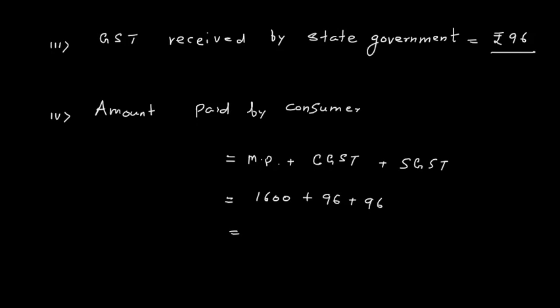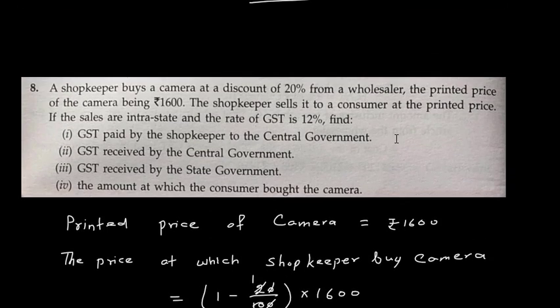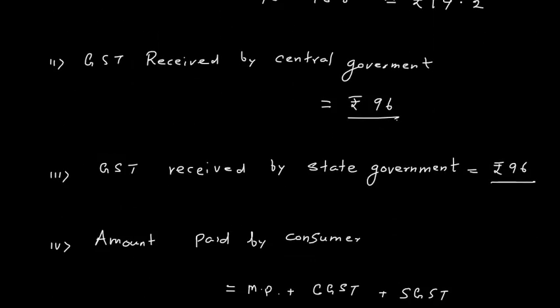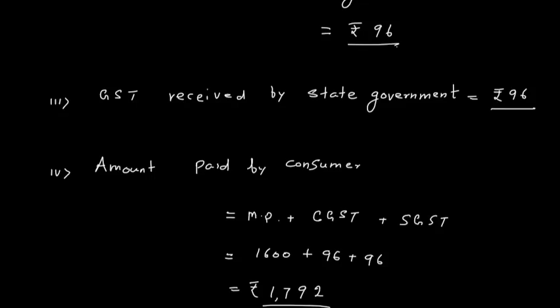Okay. So 6 6 12. Then 9 plus 9, 18 plus 1, 19. 6 plus 1, it is 7, and this is 1. So 1792 is the amount paid by the consumer. This is the 8th problem. The consumer bought the camera at an amount of rupees 1792.